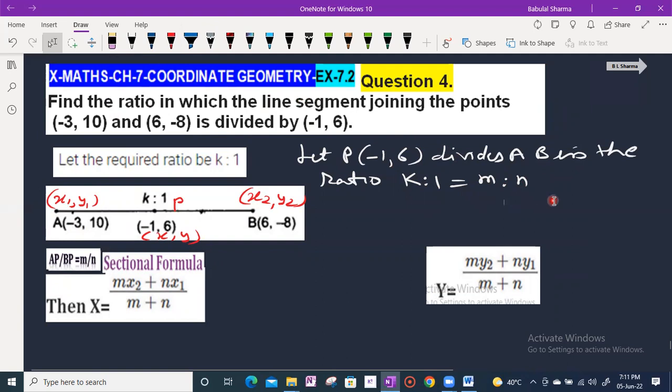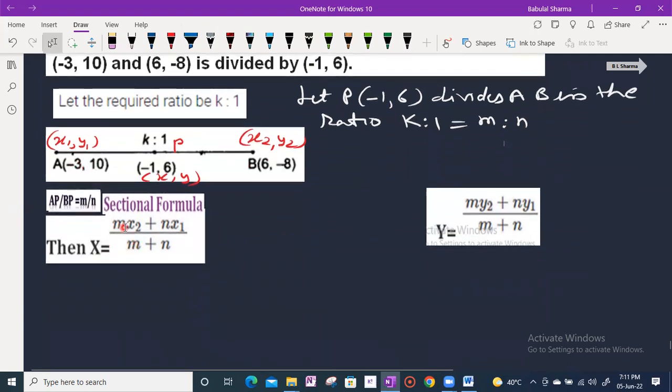k:1 ratio. So using the section formula, the x coordinate is given by (mx2 + nx1) upon (m + n). x coordinate हमें दे रखा है, रेशियो नहीं दे रखा है. m:n हमें नहीं दे रखा है. So for the x coordinate, what is the x coordinate here? -1. So -1 is equal to, what is m? m is k.